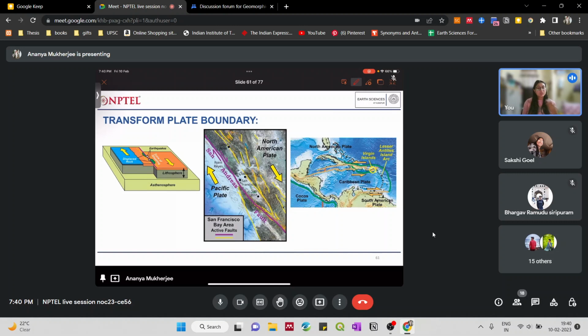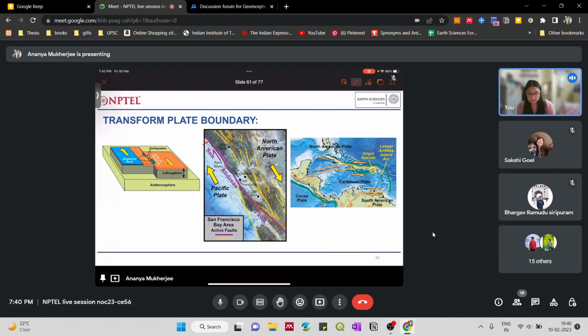Now we come to the transform plate boundary. You have two plates which are moving past each other. One of the most common examples is your San Andreas fault. The main fault is given in purple, and these yellow ones are faults that have been formed due to the movement of the plates across this San Andreas fault.